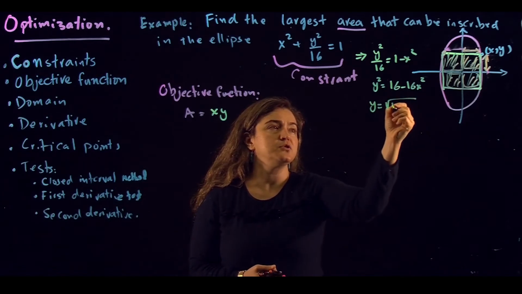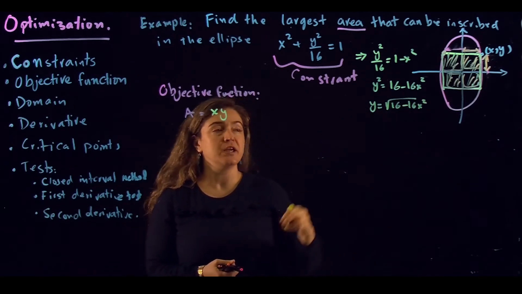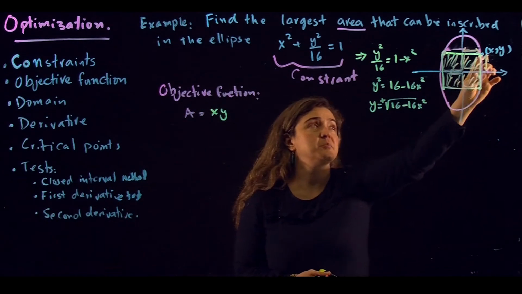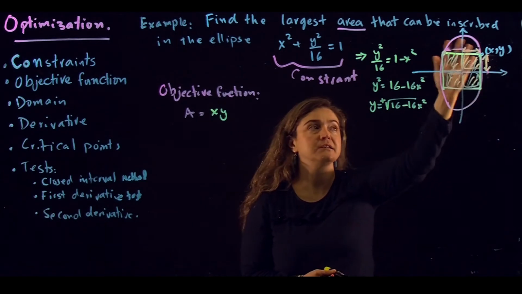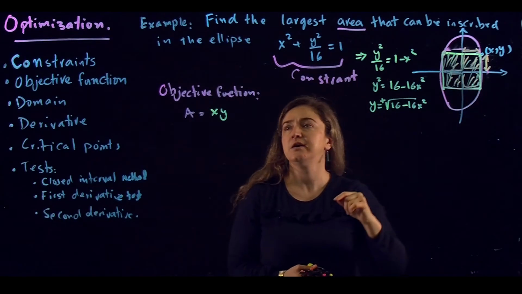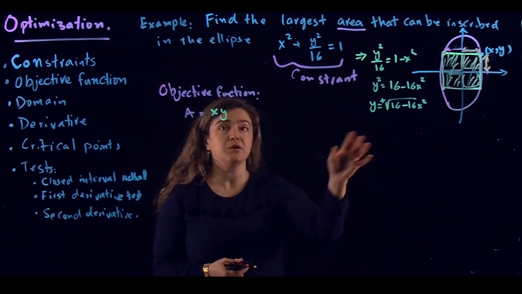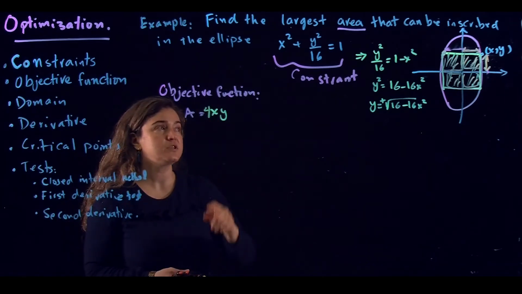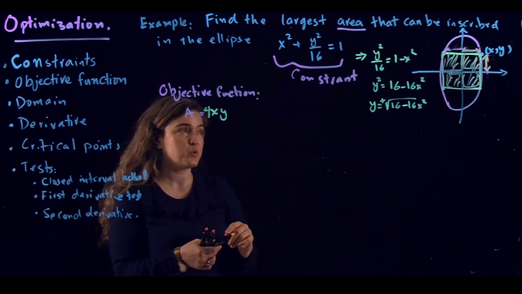It should give me two solutions, but I'm going to ignore the negative one. I'm just going to go with the positive one because I'm assuming that the point is in the first quadrant, and I'm ignoring the other points. So this is the area function. Oh, and I should have put a 4 in here because it's 4 times that x. The entire area is 4 times x times y.